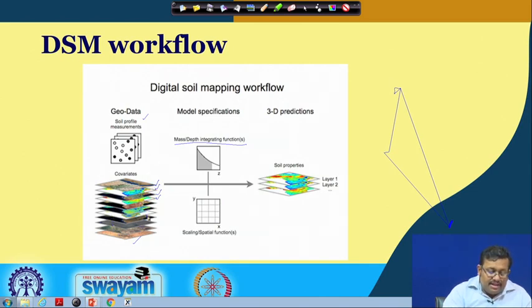Obviously, all these covariates are available in rasterized format, and then we will stack them together, and these covariates will be used along with this geodata. So, ultimately we will be producing these soil properties for each individual layer. As you can see here, this is layer 1, layer 2, and so on and so forth. So, remember that digital soil mapping does not only produce two-dimensional products because it gives 3D prediction across different layers. So, this is very, very important.